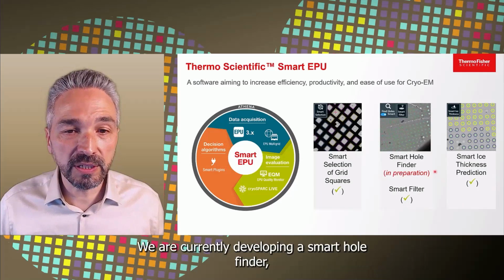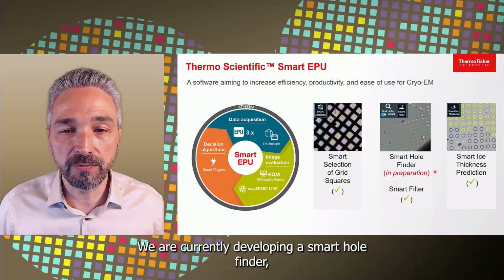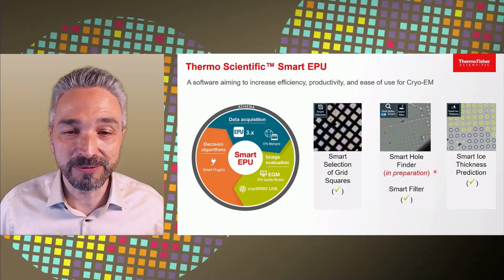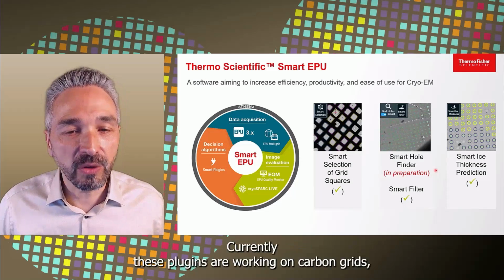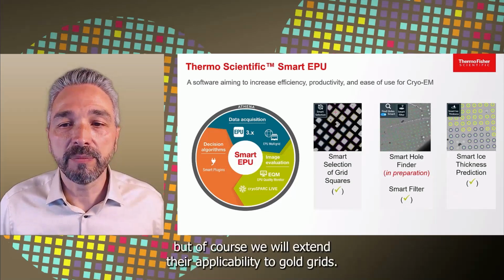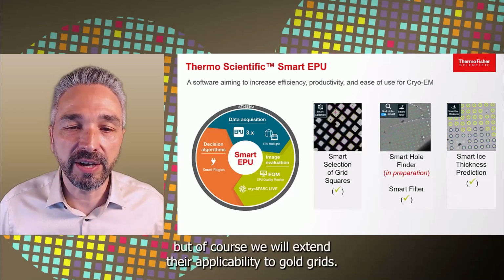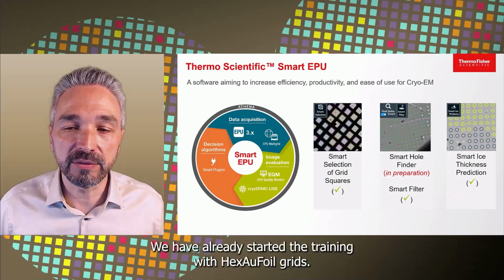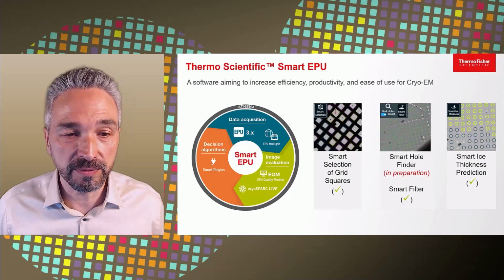We are currently developing a smart hole finder, which will automate the task of finding holes. Currently, these plugins are working on carbon grids, but of course we will extend their applicability to gold grids. We have already started the training with HexAuFoil grids.